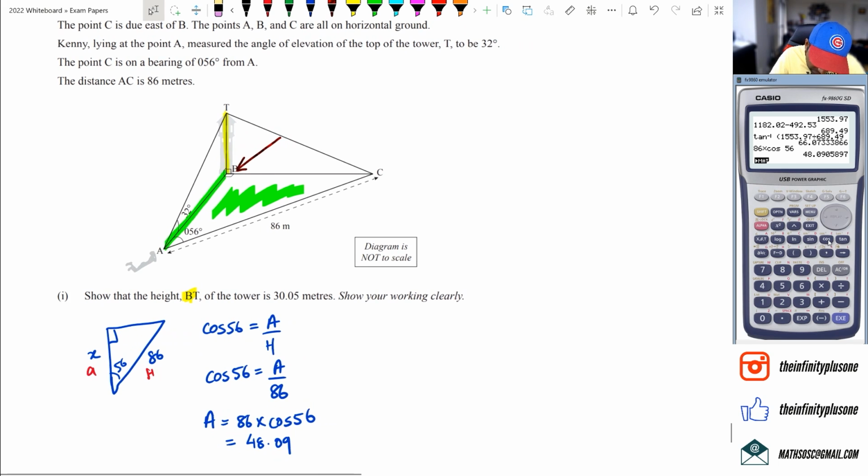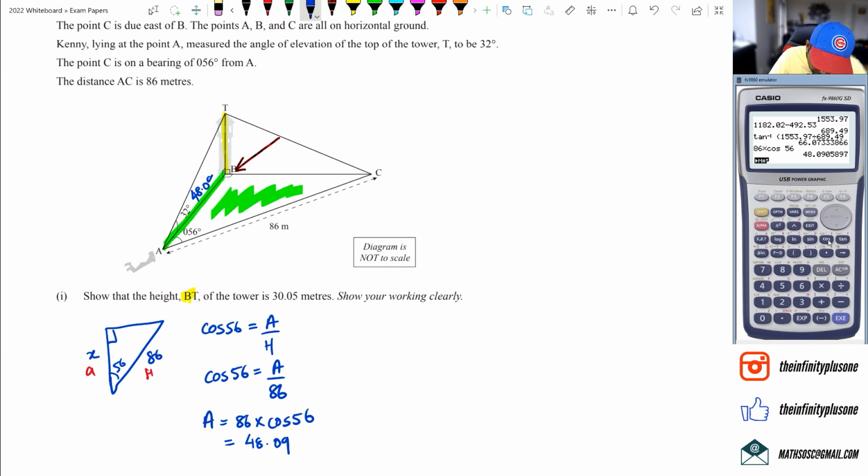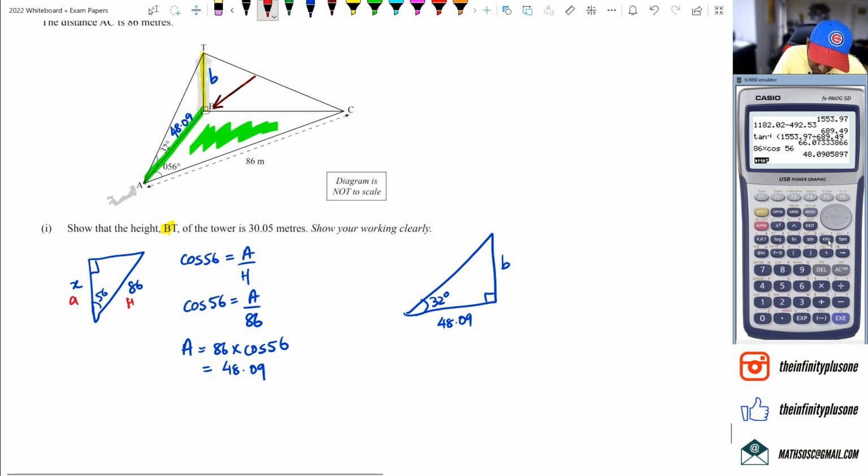Once we have that, because this is now 48.09, we can figure out what BT is, because we can use the next triangle, which happens to have 32 degrees. This is 48.09, and this is what we're trying to figure out. Maybe I shouldn't call it H. I'll call it B, which is this thing right here. Should have called it T for tower, but it doesn't matter. So in this case, we've got opposite and adjacent, so we've got tan. So tan 32 equals opposite divided by adjacent.